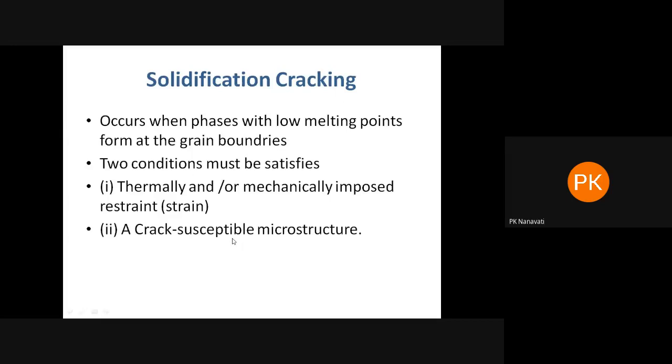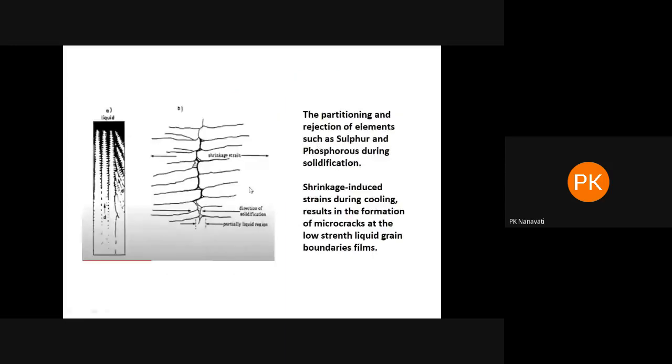We'll see what kind of microstructure is developing, but there should be a condition like the weld metal is subjected to some restraint or some mechanical strain condition. If thermal or mechanical strain is there, right? How these low melting points become responsible for the cracking, we can understand from this diagram. When the weld is cooling, you have either dendritic solidification or cellular solidification.